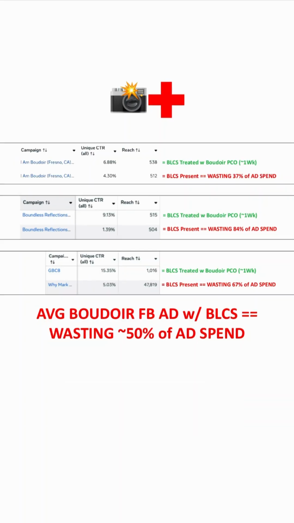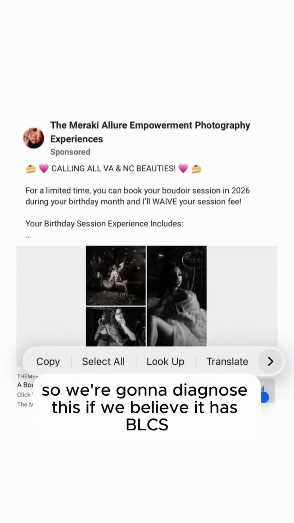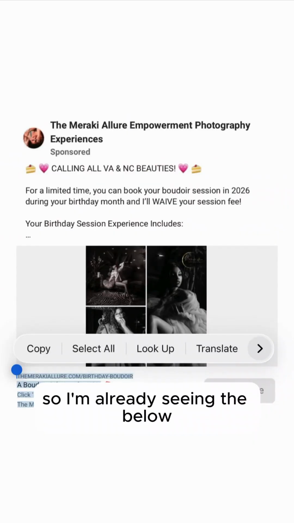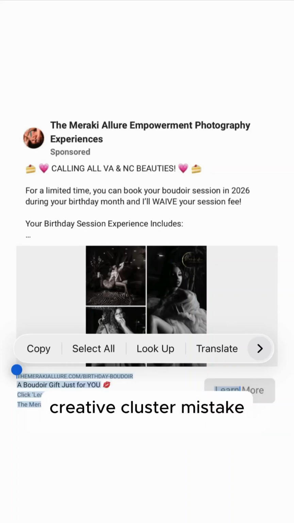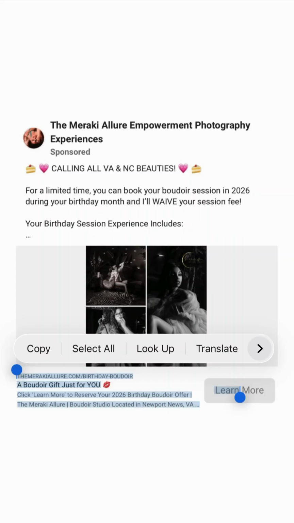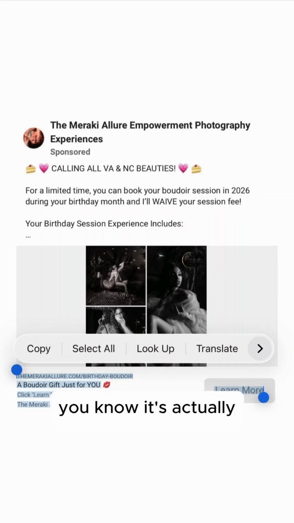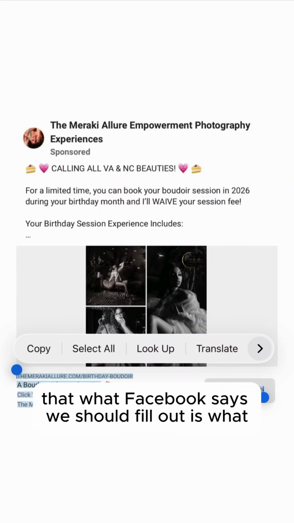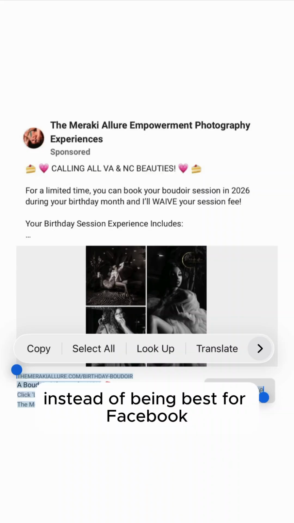So we're going to diagnose this, see if we believe it has BLCS, aka Boudoir low click syndrome. I'm already seeing the below creative cluster mistake. The false belief that caused us to make this mistake is trusting that what Facebook says we should fill out is what is best for us, instead of what is best for Facebook.